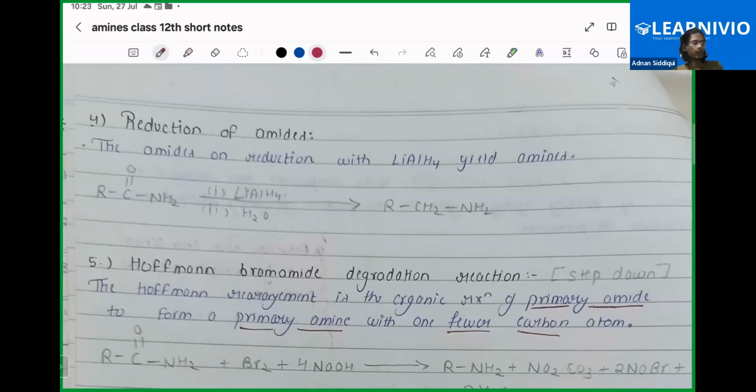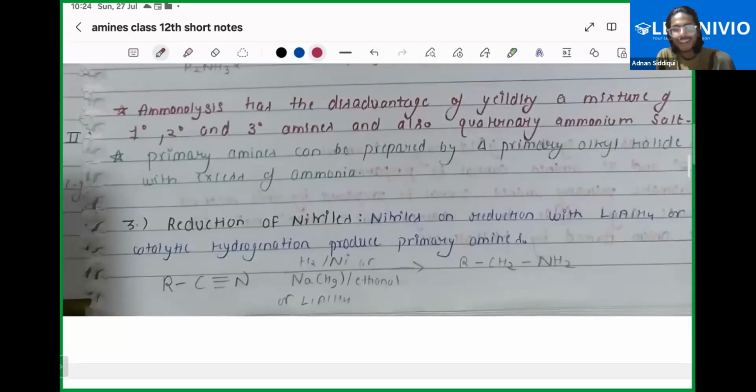What was the third method? Reduction of nitriles.